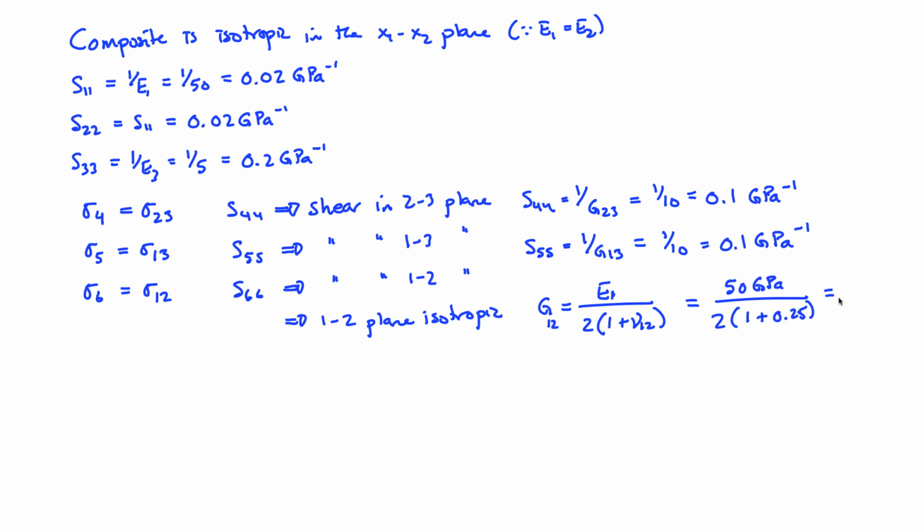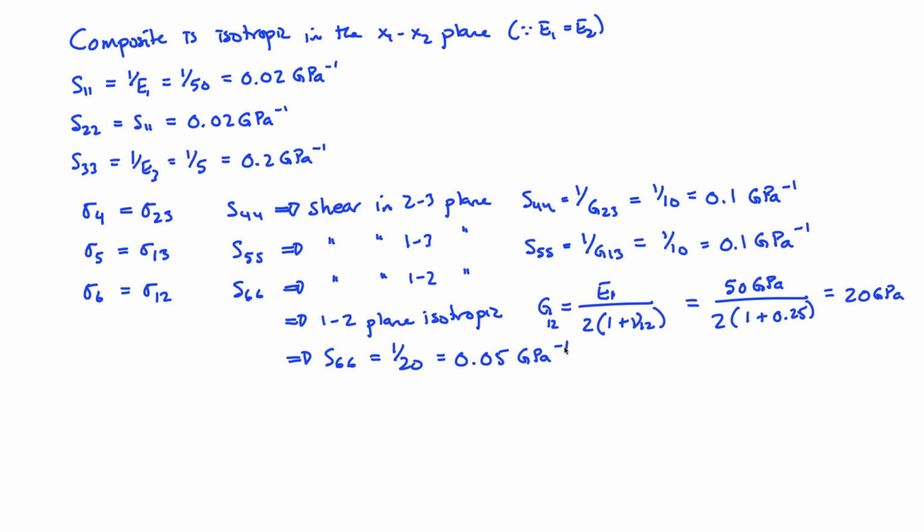And if I calculate all of that, I find that the shear modulus in the 1, 2 plane is 20 gigapascals. And that means that S66 is then equal to 1 over 20, which is equal to 0.05 gigapascals to the minus 1. So that now gives us the three values of S that correspond to the shear moduli.